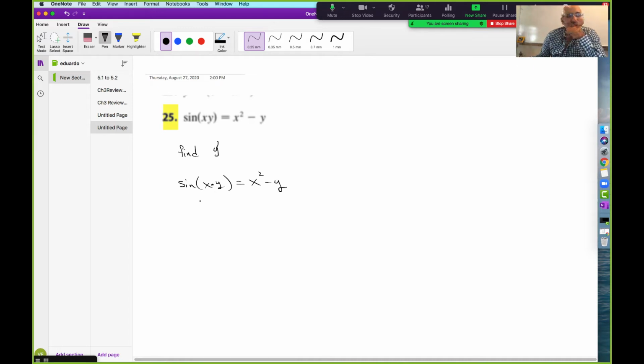What we want to do is take the derivative of this thing. So we want d/dx of this side, sine of xy, equal to d/dx of this side.